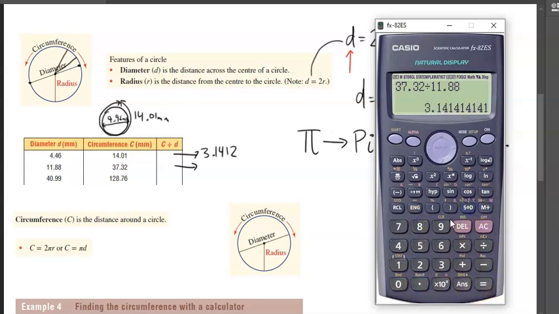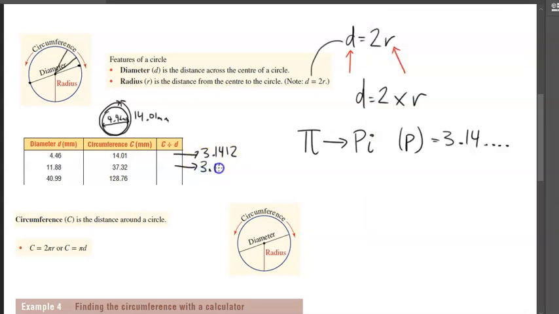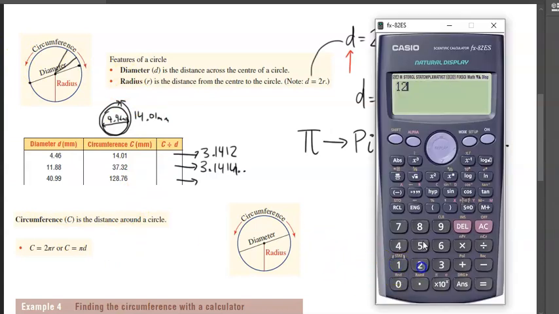And we end up getting 3.1414, and this continues on. Okay, there seems to be some type of link between the circumference divided by its diameter of any circle. Try one more time. Try 128.76. We're going to divide this by 40.99.